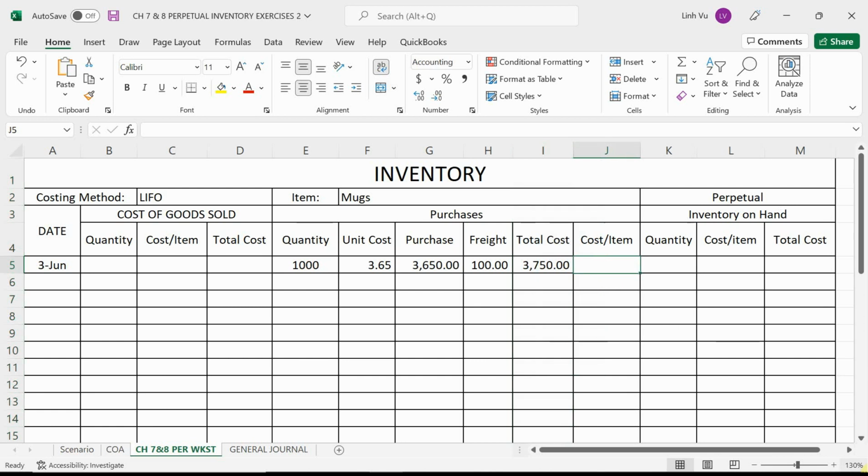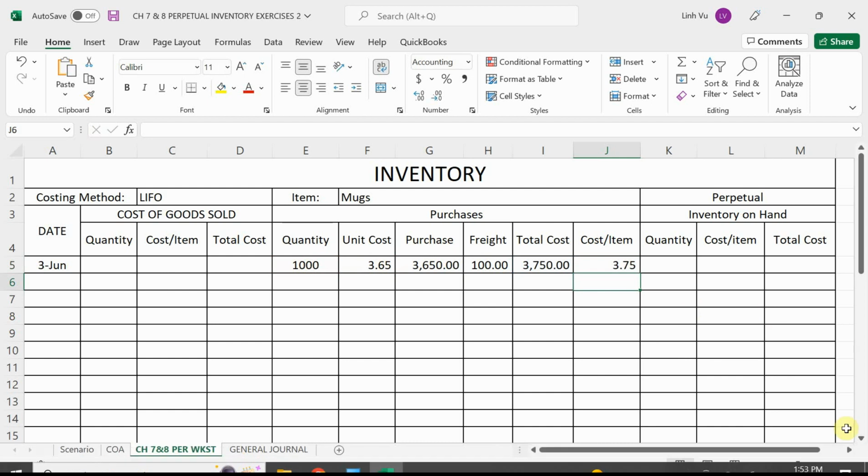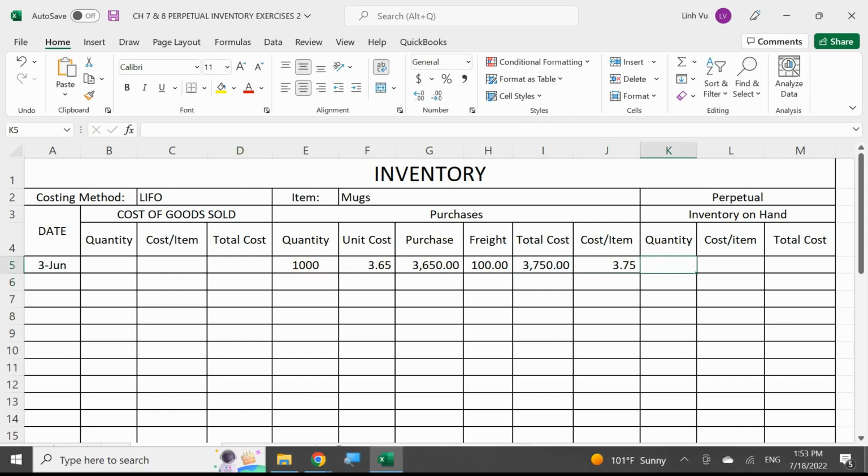Cost per item is going to be $3.75. Now that we have that, we're going to carry our values over to my inventory on hand to show I have 1,000 units at $3.75 each, which gave me a grand total of $3,750.